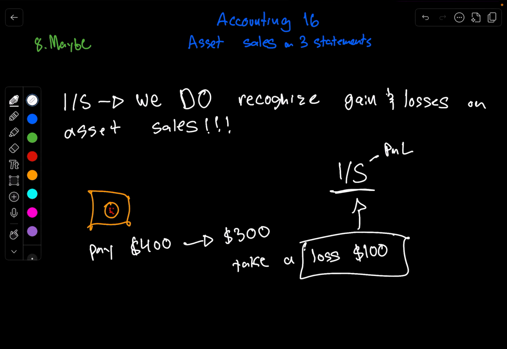Similarly, if I had instead sold this at $500, well, that $100 gain would be on the income statement. So not the full proceeds, not the $500, that's going to be on the cash flow statement, but the gain or the loss is going to be on the income statement, and that's something that we really, really have to be careful about.